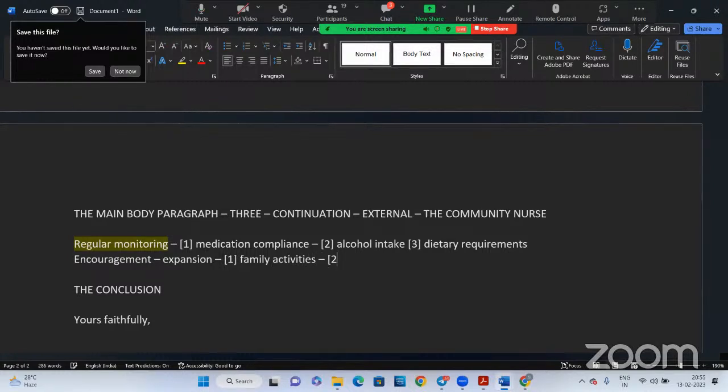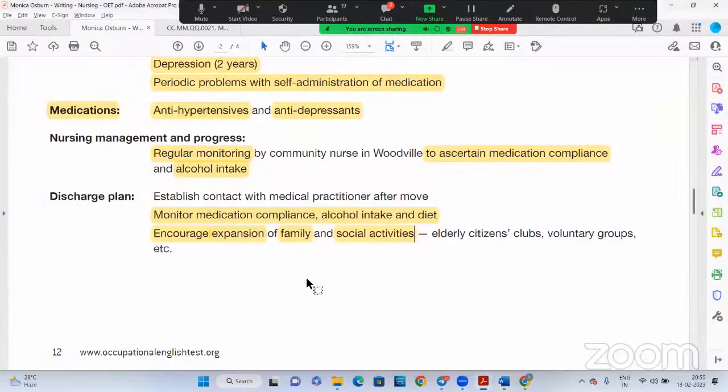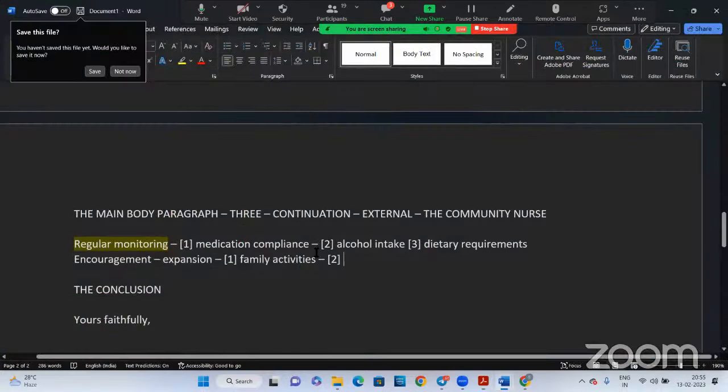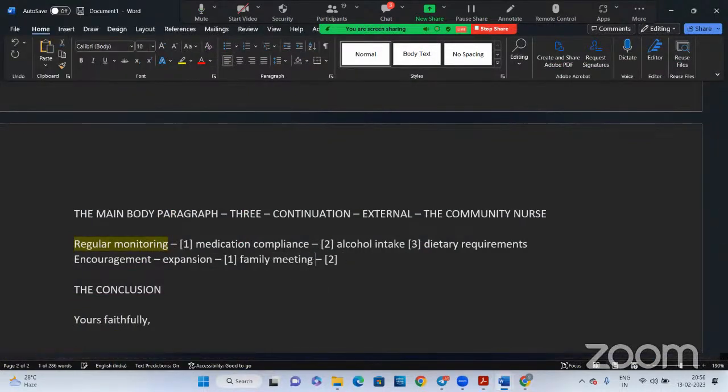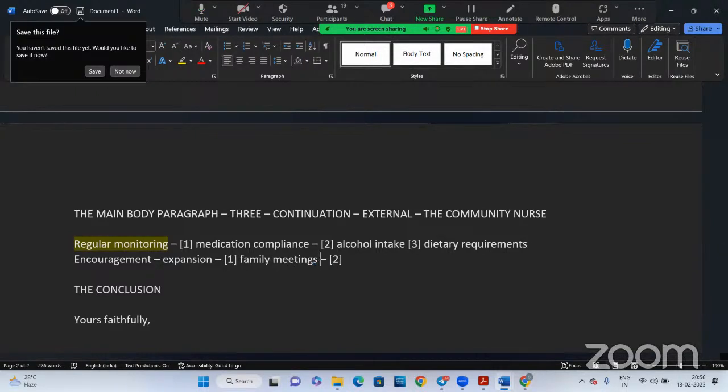Next, number 2, family meetings, you can say, or get-togethers. Not only her daughter's husband and her children, everyone will be there. They are not mentioned, but you can just say it like that: family meetings, arranging family get-togethers. Okay.